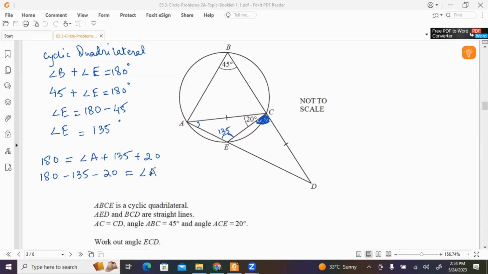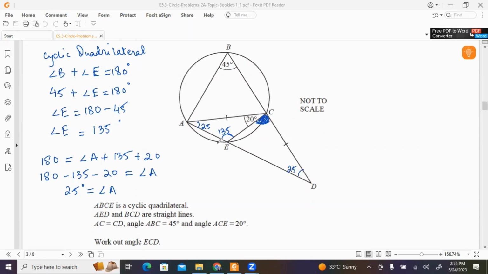Basically we're subtracting 155 from 180, which gives us 25. This is angle A. Now that we have angle A, we know that AC and CD are equal, so angle D will also be 25.